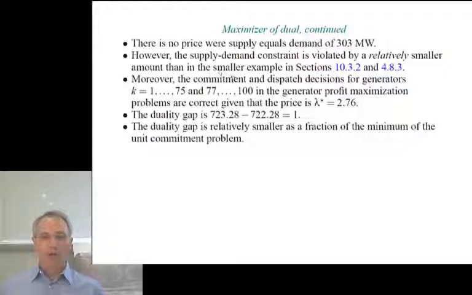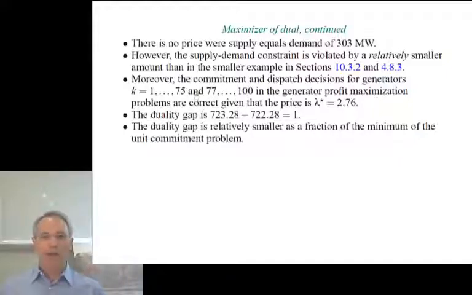Furthermore, the commitment and dispatch decisions are pretty close for almost all of the generators. For generators 1 through 75, the commitment and dispatch decision is to be committed and to operate at 4. For generators 77 through 100, the commitment decisions are to be off, not producing anything.